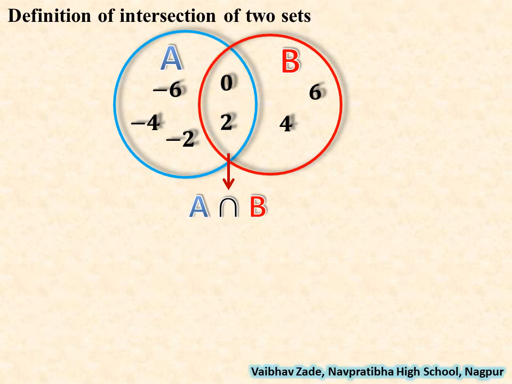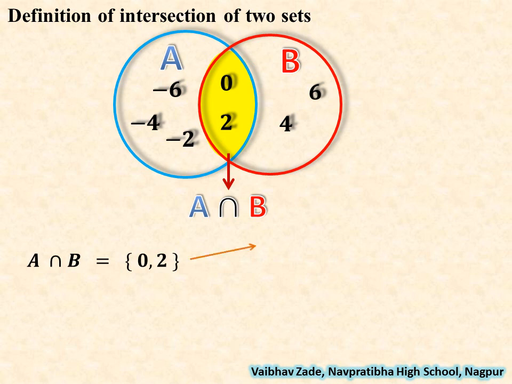Now we see the definition of intersection of two sets. We have set A and set B, and we have A intersection B, the new set which has the elements 0, 2.